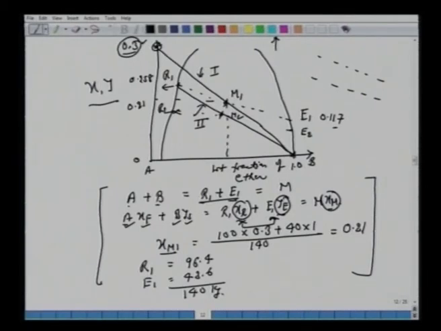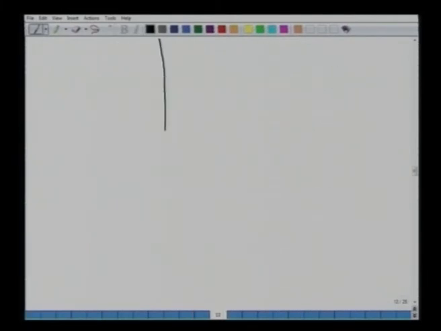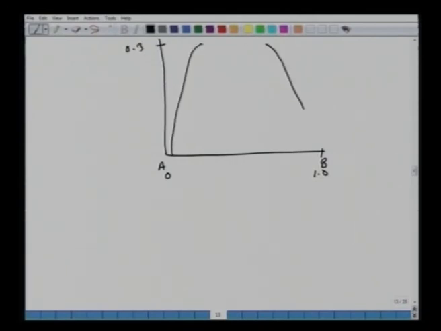We find the mixing point, M1 here, let's say. Find a tie line. So this one is R1, this one is E1. Connect this R1 to this stage here again. Find the new M2 point. Find another tie line. Need not be parallel. E2 and R2.